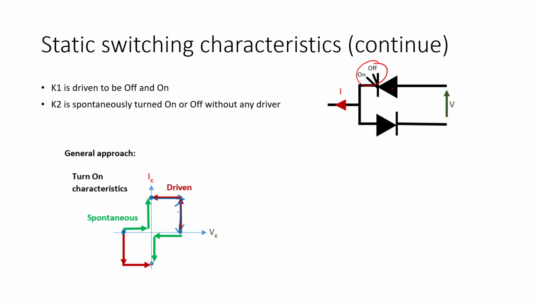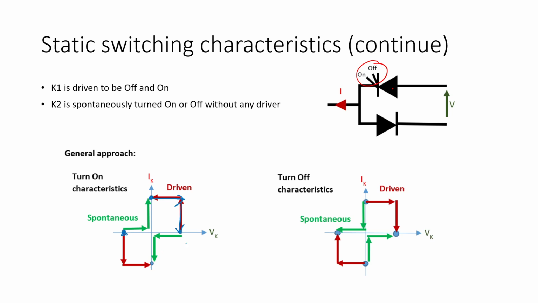So this one is on, from here. We need to see off. When it turns off, for the IK, the one that we can control here. Yeah, the red one is the one that we can control.